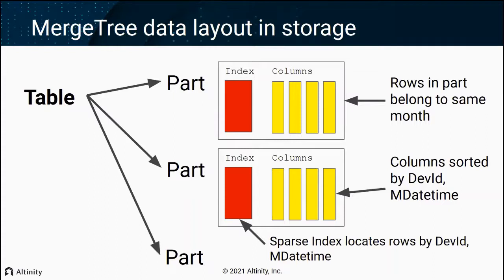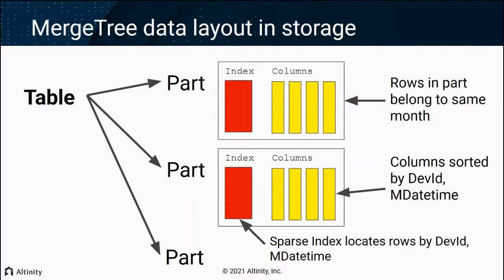If we had a lot of rows in the same month, we would end up having multiple parts. ClickHouse fills the parts to a certain size, and then it makes more parts. In the background, it takes care of trying to find a part size that optimizes read performance. So it will reshuffle the data over time to get you the most efficient part distribution.